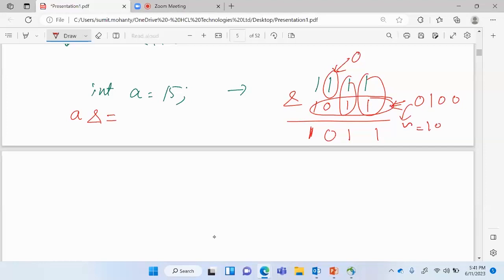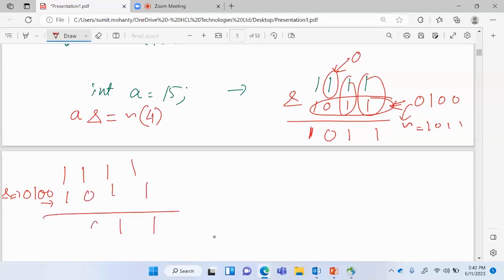So I can write A AND equal to bitwise NOT of, or sorry, 0100 is what value? 0100 is 4, no? So 1111 will be ANDed with 0100 negated. If I do the bitwise NOT, it will be 1011. So the answer is 1101. I hope this is clear to everyone.